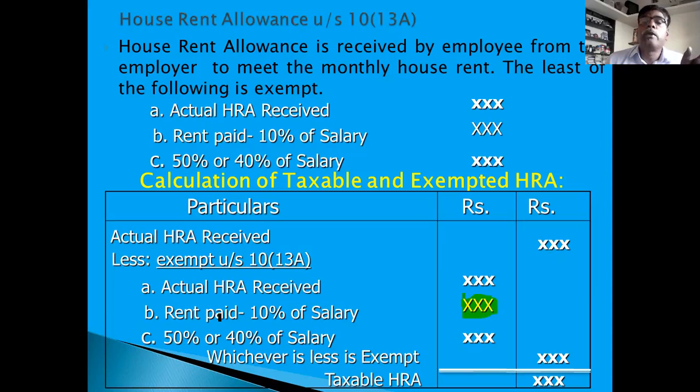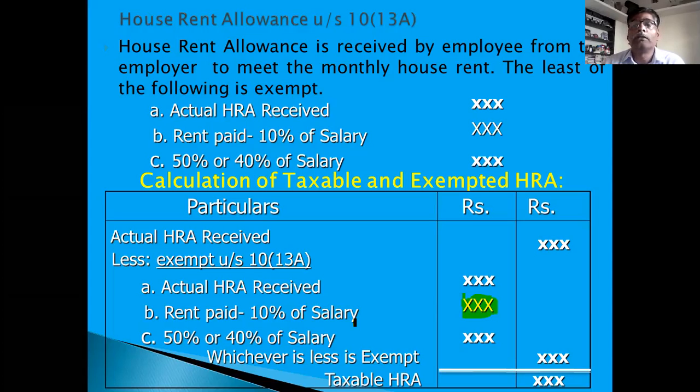If you come to the second point, rent paid minus 10% of salary. My salary is 12 lakh. 10% of that is 1,20,000. What is rent paid? I have not paid the rent. I'm not paying the rent because I'm living in my own house. Therefore, rent paid is 0. 0 minus 1,20,000 is equal to minus 1,20,000.